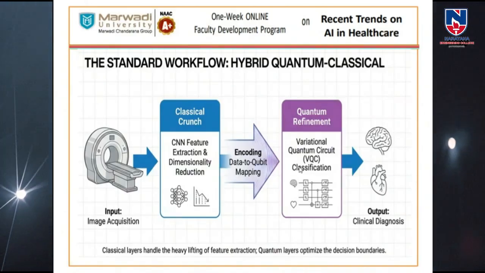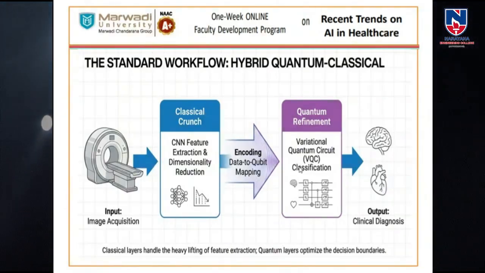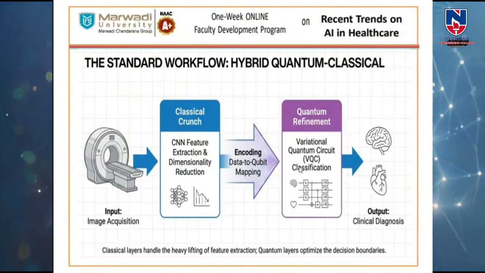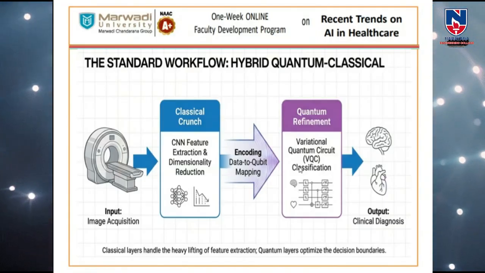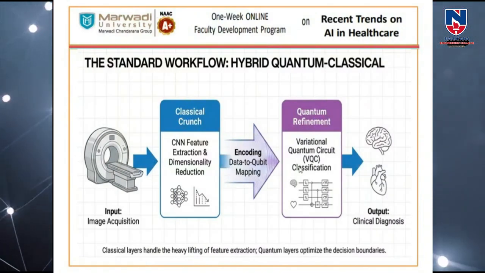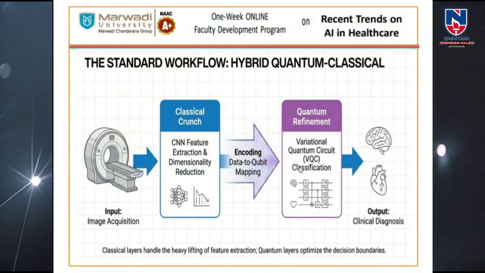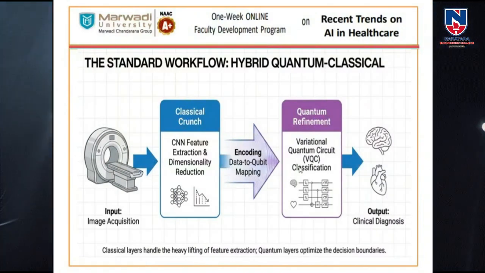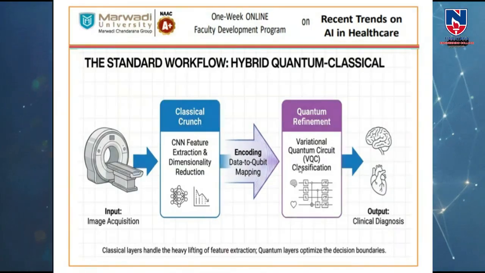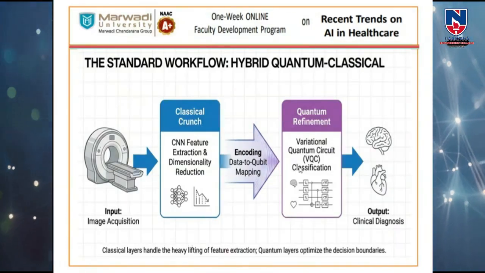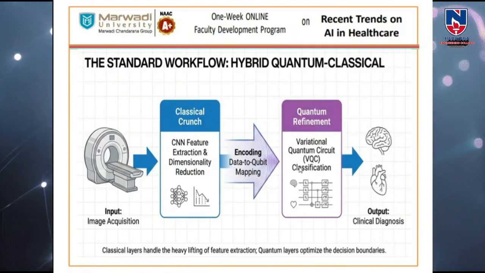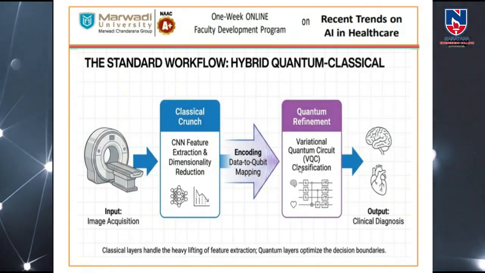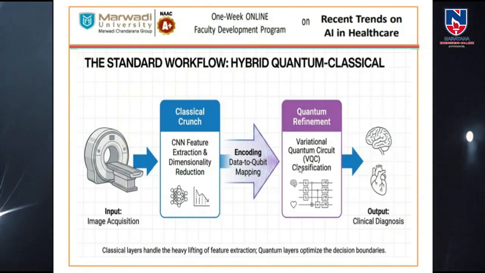Then that refined data is mapped to the quantum model, considering the NISQ era, which means as of today there are a lot of hardware limitations in quantum computing. That's where the hybrid model comes into the picture.